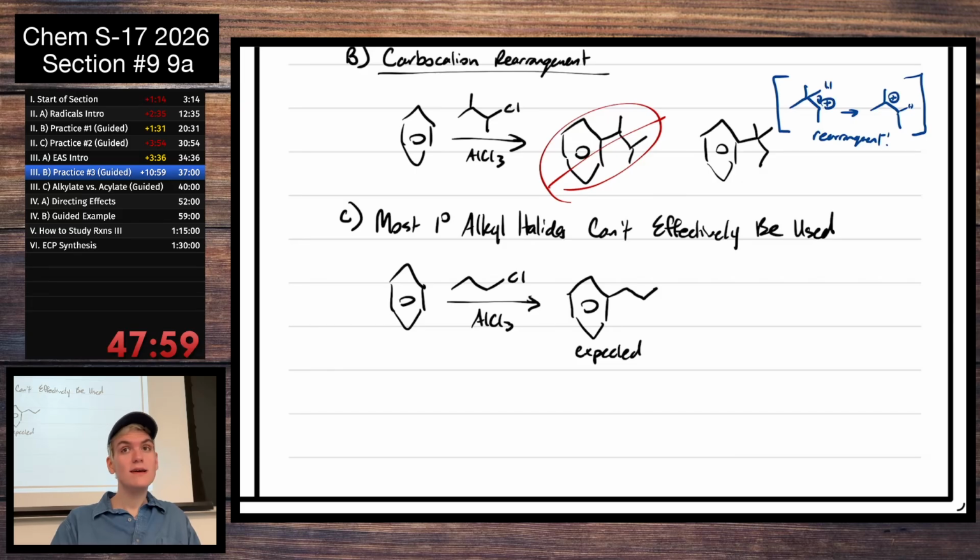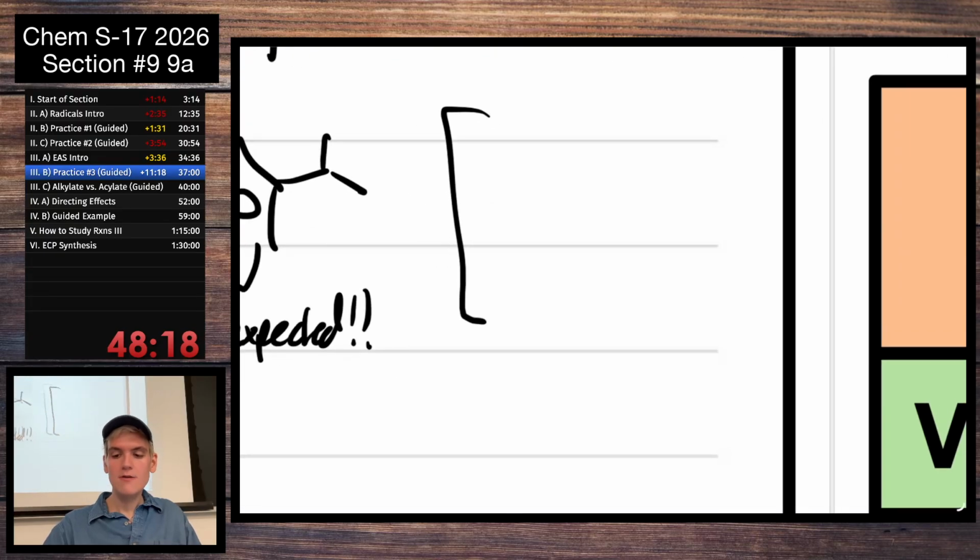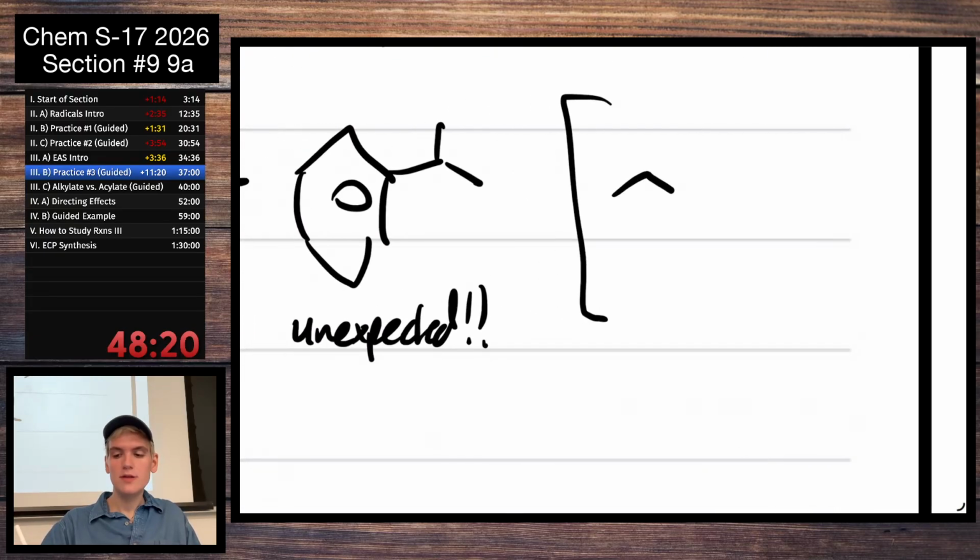And you do get this, but you also get some of this product here, where you get an isopropyl added instead. So this comes from a weird rearrangement. You are not responsible for this mechanism, but I think it is interesting.